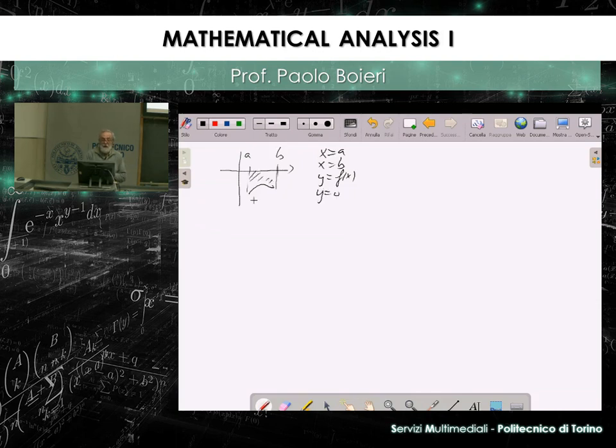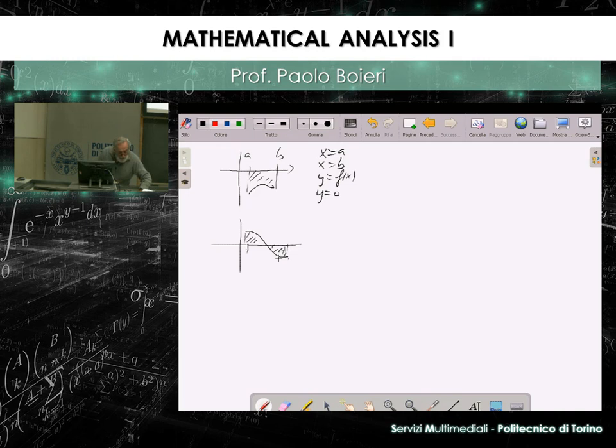I have this region. When the function has both signs, the trapezoidal region will be this and this. Okay, the combination of the two.